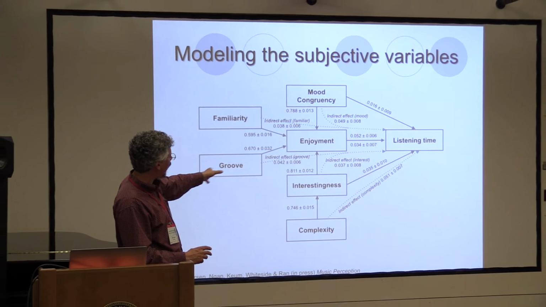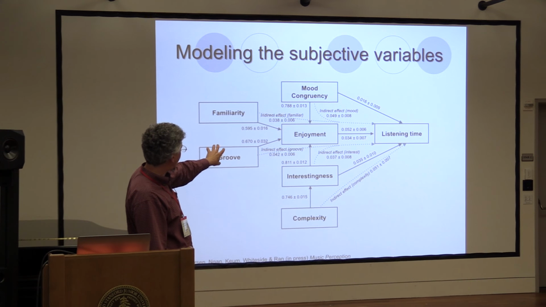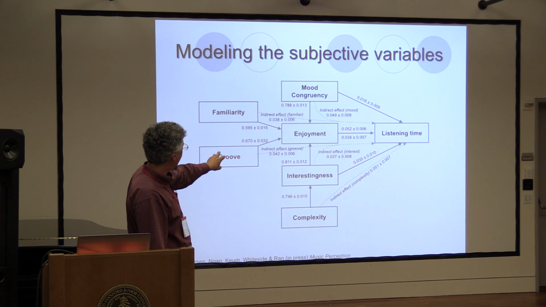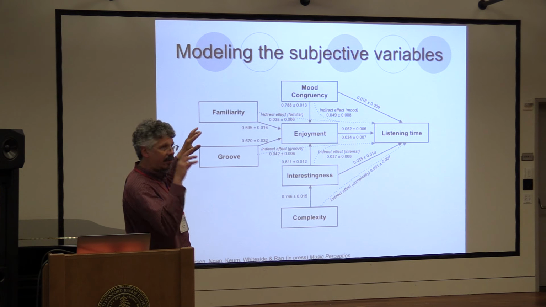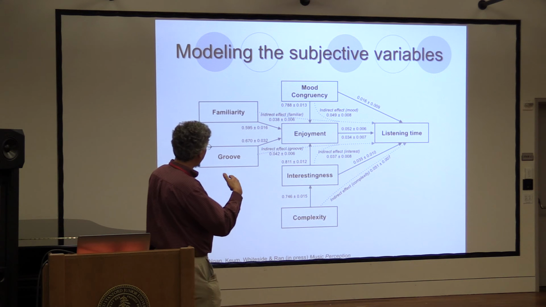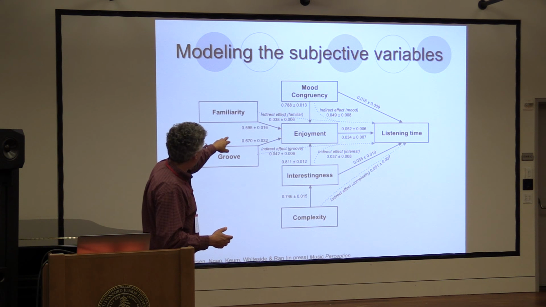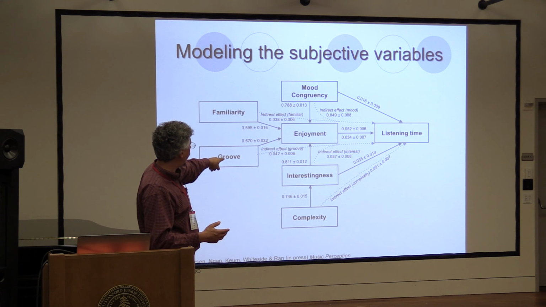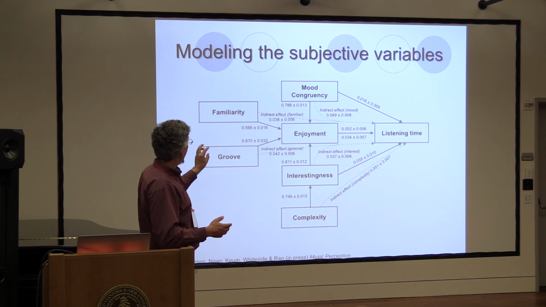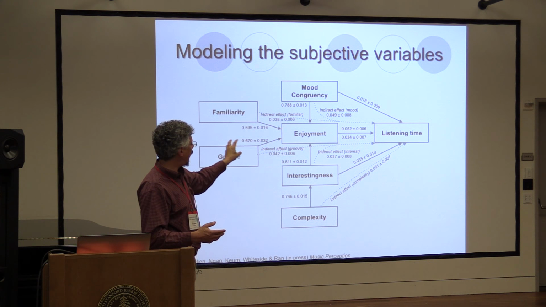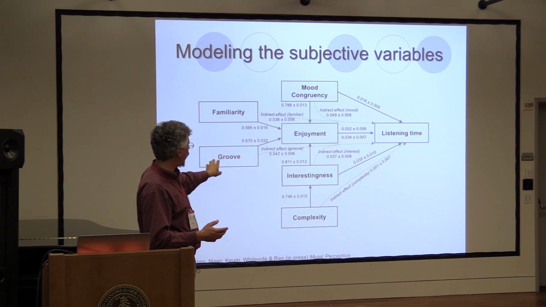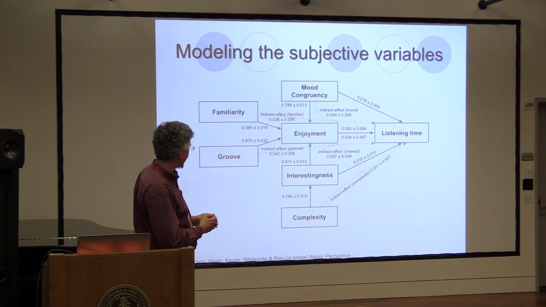But the bottom line is that enjoyment, our subjective sense of enjoyment, is what best explains listening times. Things like perceived groove, perceived familiarity, some of the clips sounded more familiar than others, mood congruency, and perceived interestingness primarily explained enjoyment, which then had an effect on listening time, but their direct effects on listening time were much less.